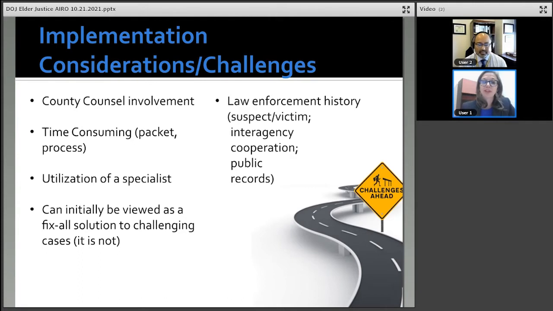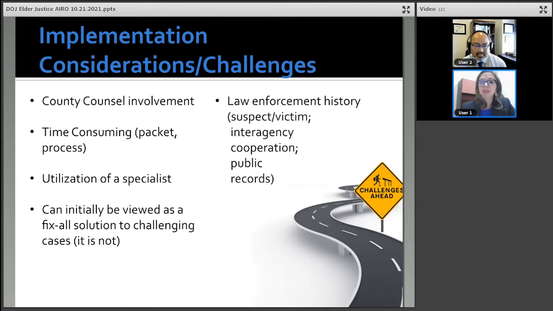And I would definitely say this is not equal to conservatorship. To me, they each have their own role, and they can benefit clients in different ways. And we definitely have used the AIRO in partnership with conservatorship, but to me, I don't see them as equal to one another.